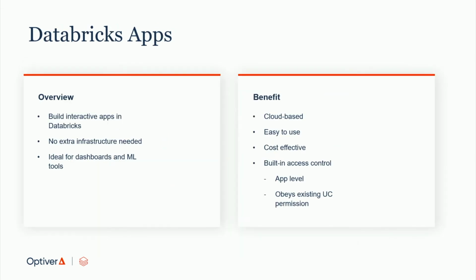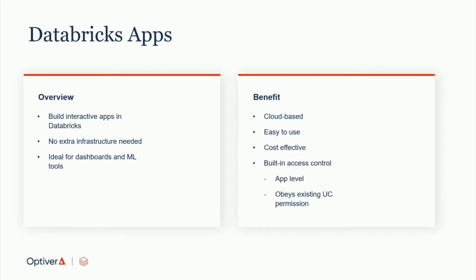I appreciate that Databricks Apps and Dash might not be familiar to everybody here, so I'm going to give a bit of an overview, some context of what they are. Databricks Apps is a new feature from Databricks. It allows users to create apps on Databricks.